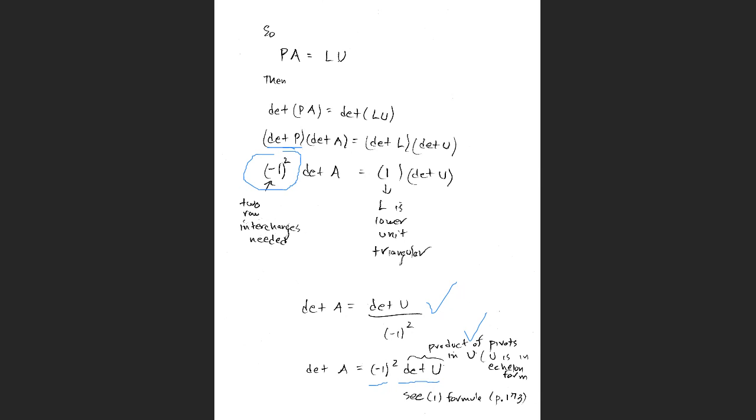The computer can do the -1 squared fast, and the determinant of U is just the product of values along the diagonal. So when you look at MATLAB assignment 2, this is where it's coming from.